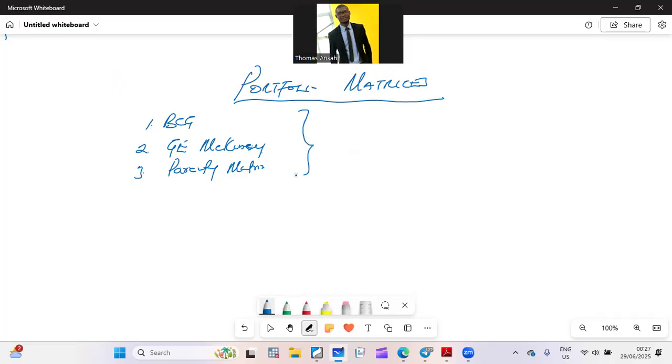Now, all these matrices help you to balance your portfolio. The essence is to balance your portfolio so that you can have different SBUs working at the same time. We are looking at attractiveness and strategic fit. When you say attractiveness, that is profitability. And is it fit for strategy?